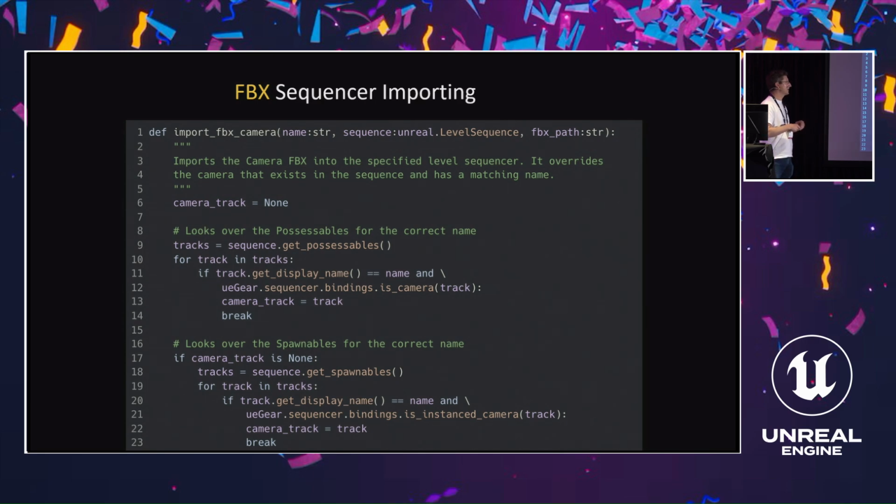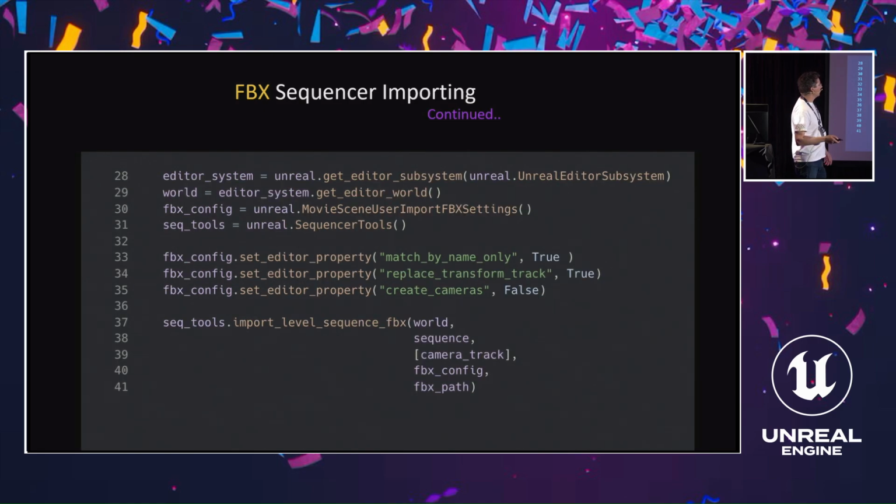To do so, the way we've done it here is that we check if a sequence is possessable or spawnable. Then we look for, is that camera track a binding of some sort? Does that actually exist? And then we perform the following to actually import it.